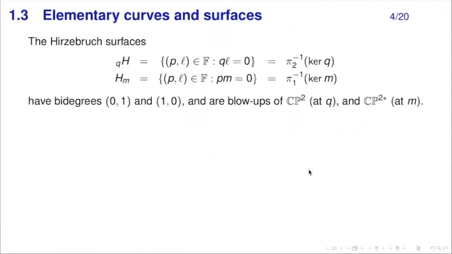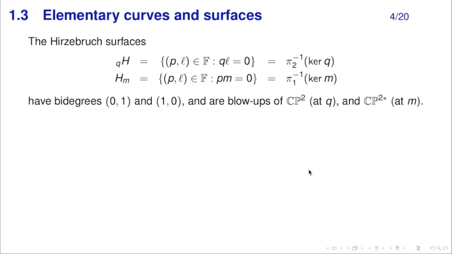So let me start then with a discussion of the most elementary objects you can define in the flag manifold. We've already talked about these two fibrations. So we've got various lines, the fibers of π1 and the fibers of π2. The next simplest thing really is to define these surfaces, which are just defined by these equations.